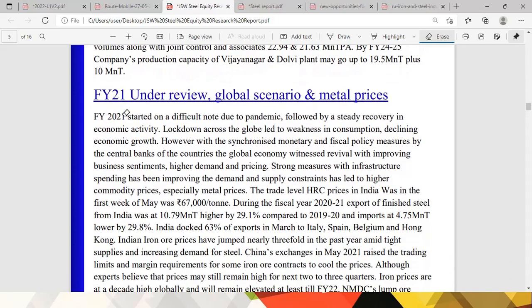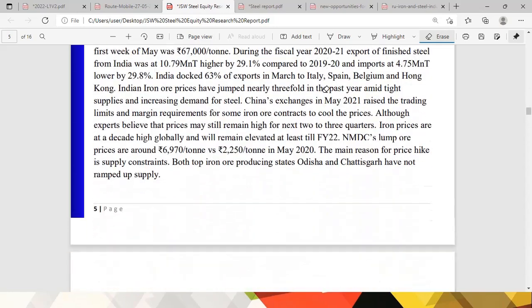Then the current financial year under review, global scenario, what is happening globally, and the main driver, a key metrics for this particular company is metal prices. Its profitability is hugely dependent upon the metal prices. So I have done a review of FY21 global scenario, what are the prospects for metal industry and the prices of metals.